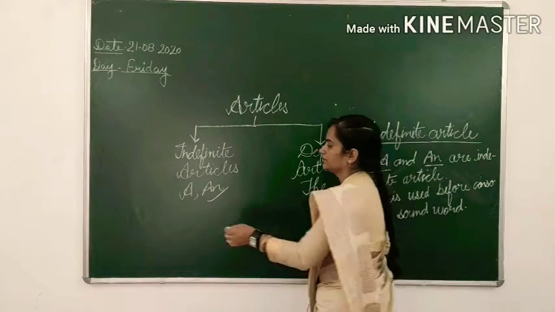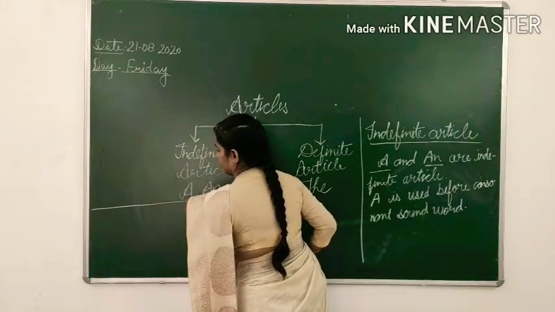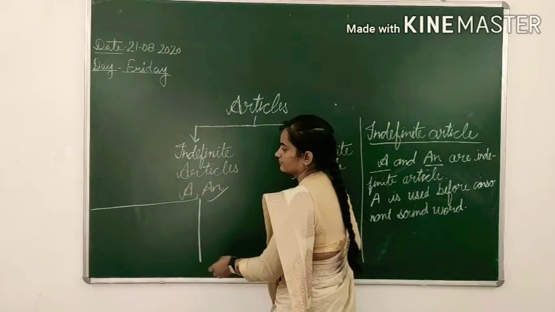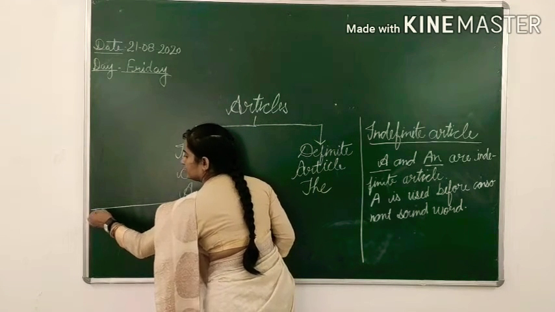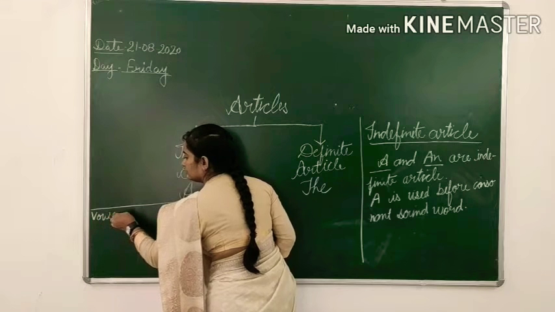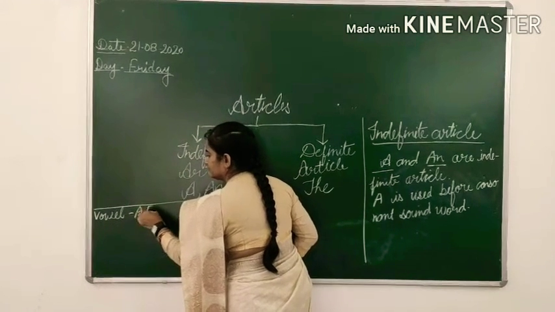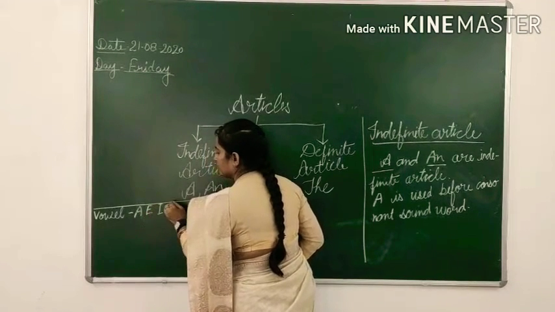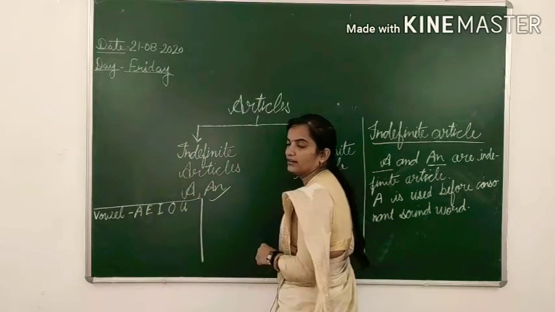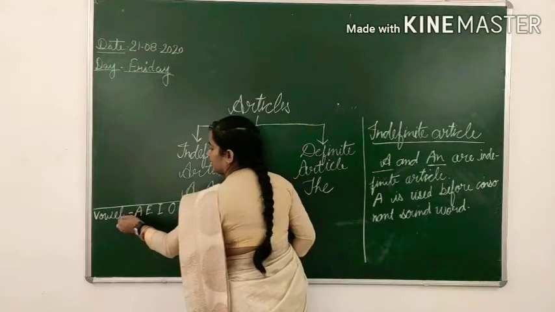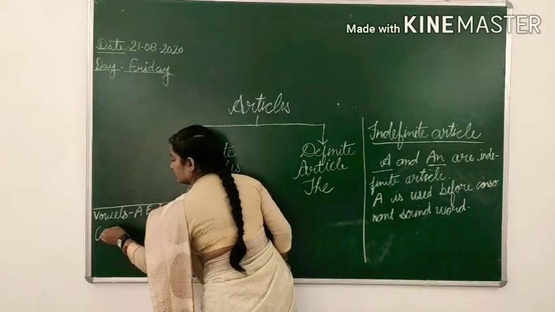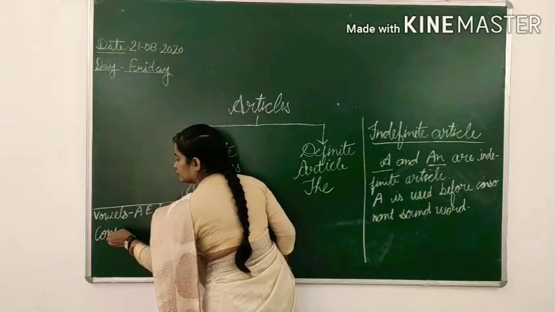Have a look at the consonant and vowel. Do you know about vowels? A, E, I, O, U are our vowels, and rest of the letters are consonants.